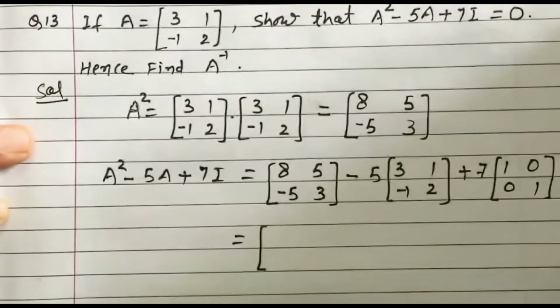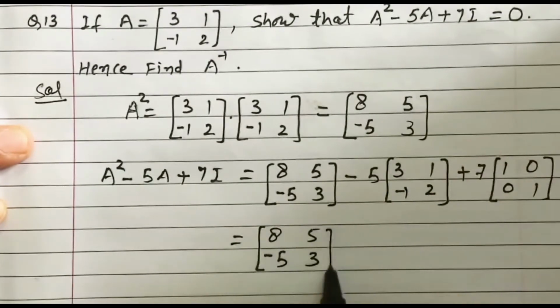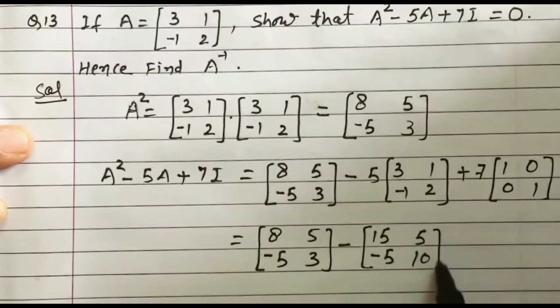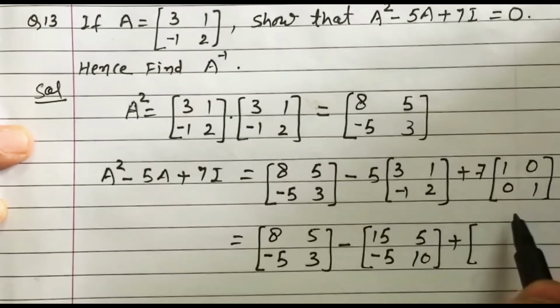You will find here 8, 5, minus 5 and 3. Minus multiply with 5: you will get minus 15, minus 5, 5 and minus 10. And here multiply 7 with all elements; you will get 7, 0, 0 and 7.